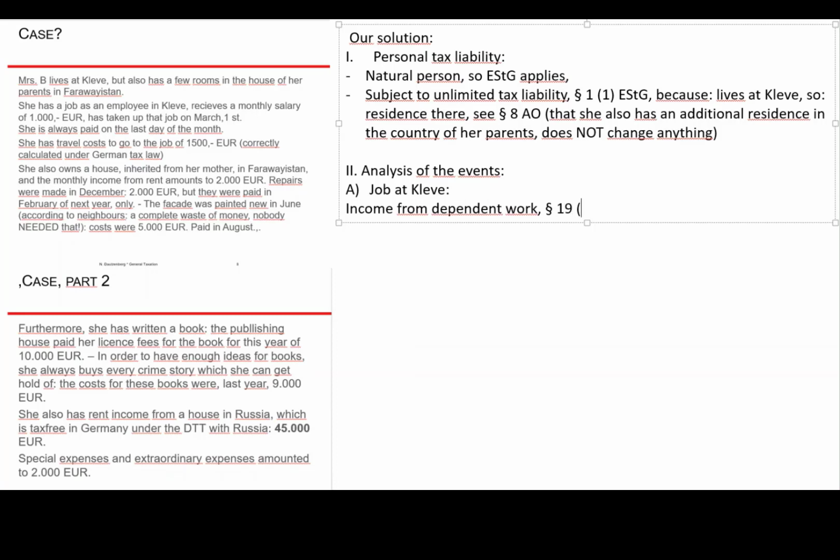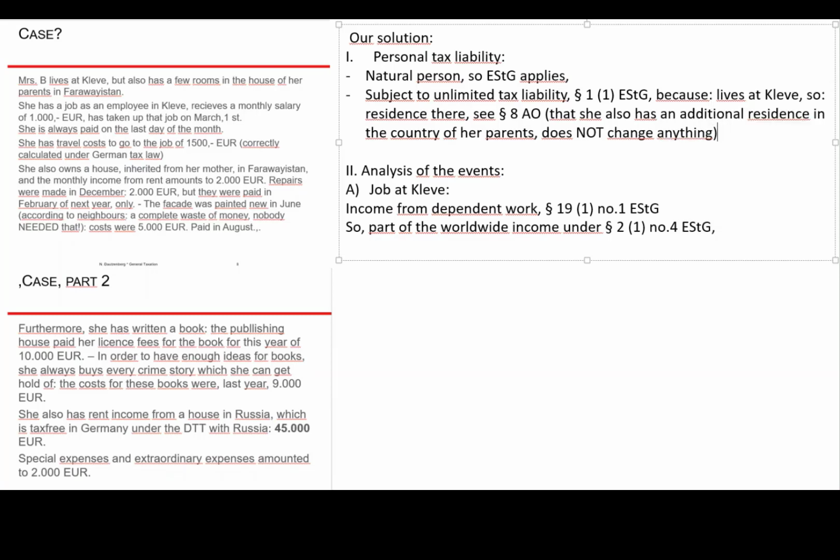That's paragraph 19, number 1, ESTG. So far, so good. So, part of the worldwide income under section 2, 1, and the number is number 4 because this is the fourth type of income.